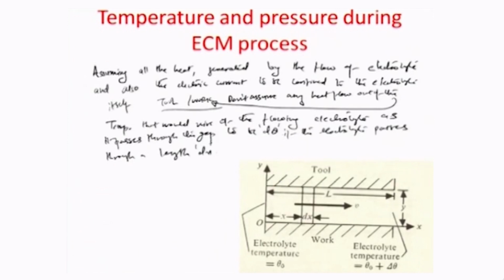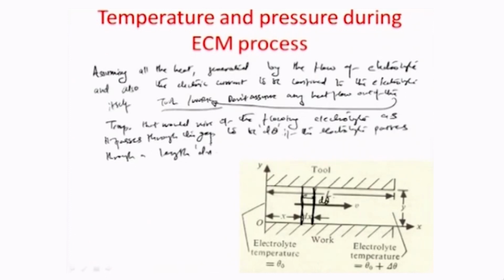Here for instance, in this case, this is the gap dx through which the electrolyte is flowing, and while passing from this phase right here to this phase, there is an increase of d theta in the temperature of the electrolyte.